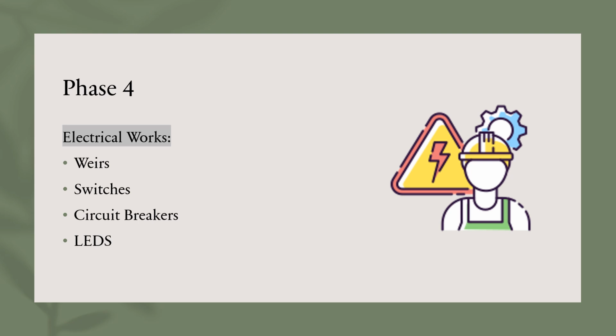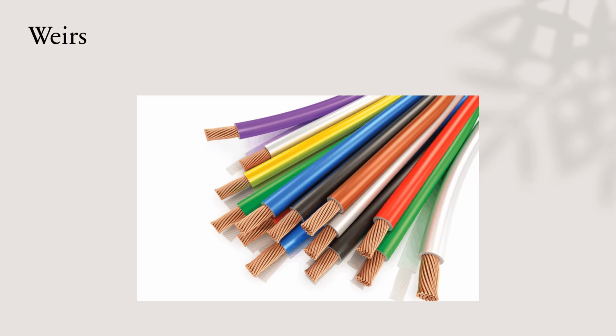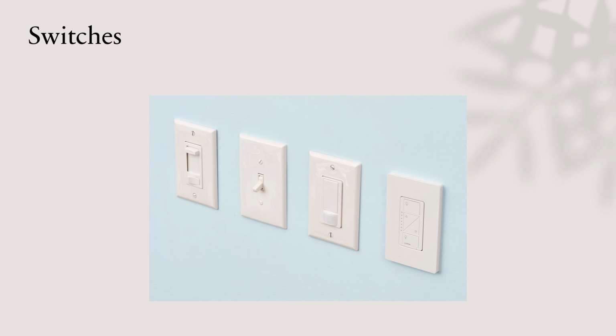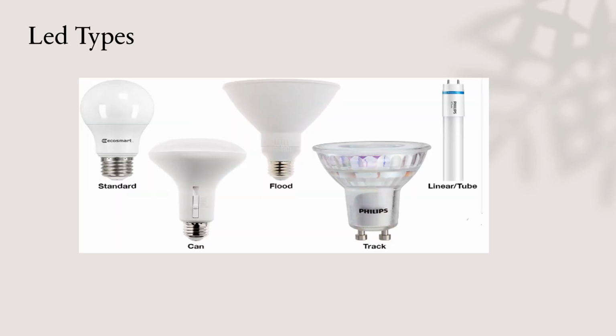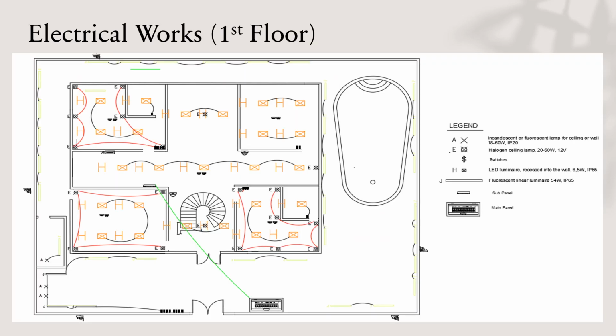It requires extra attention and more labor. These are the wires that are going to be used. These are the switch types, and these are the circuit breakers for every panel and on every floor. These are the LED types that will be presented in the design.